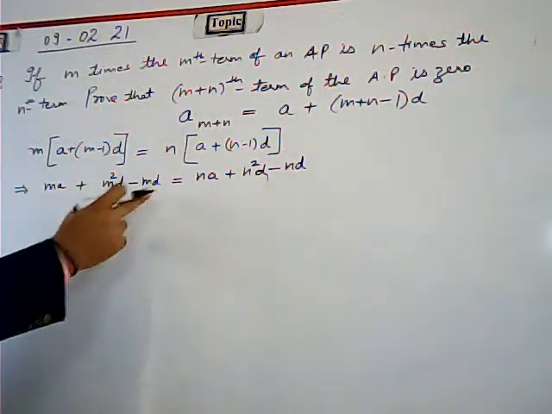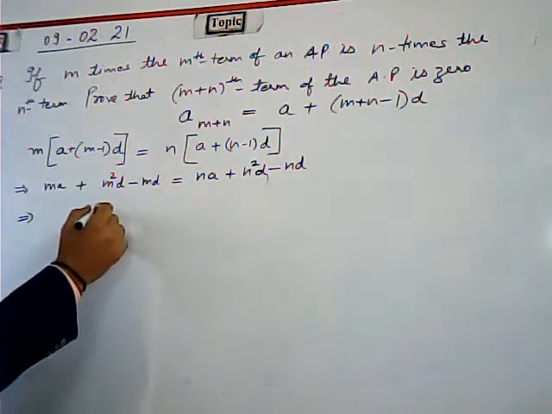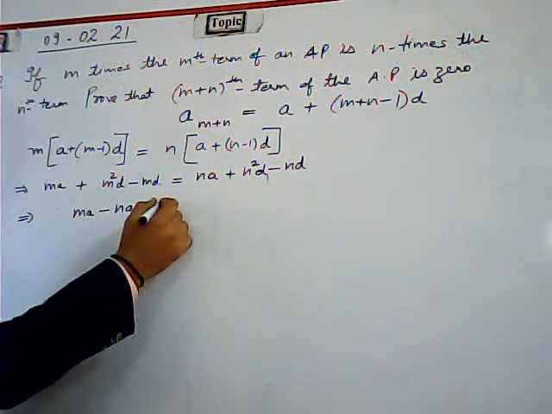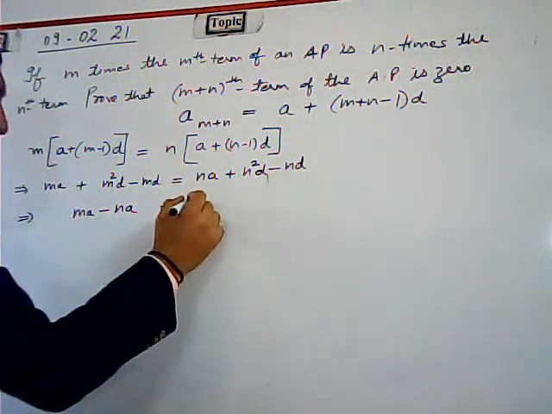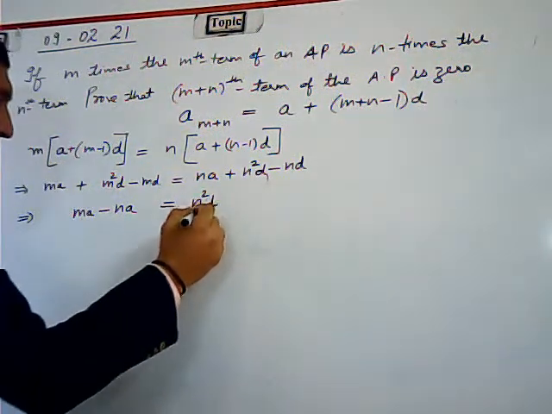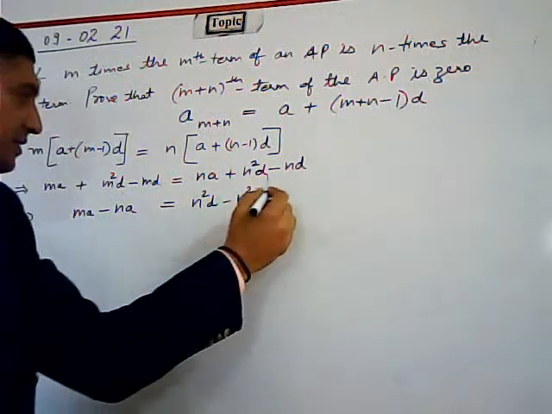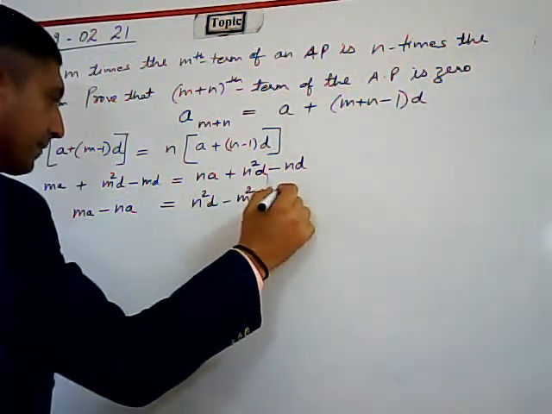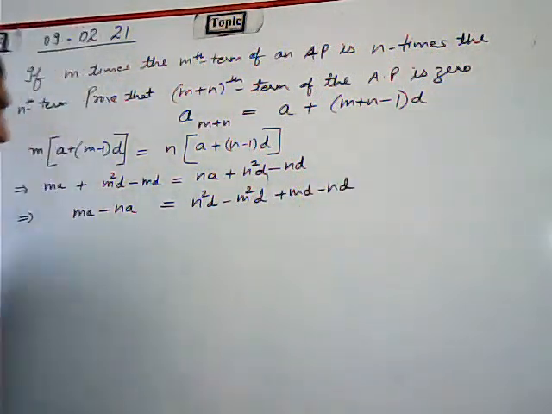So here we can just rearrange: ma minus na is equal to n square d minus m square d plus md minus nd, right?